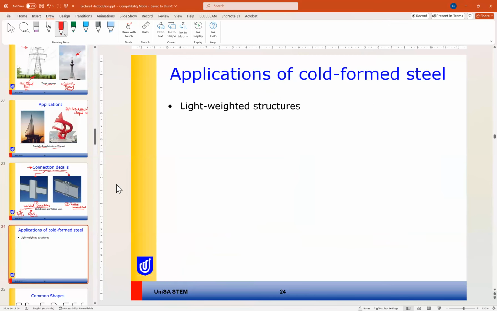And now we go to the application of cold formed steel. The main application of cold formed steel, or the advantage of cold formed steel over the hot rolled steel, is light weight.